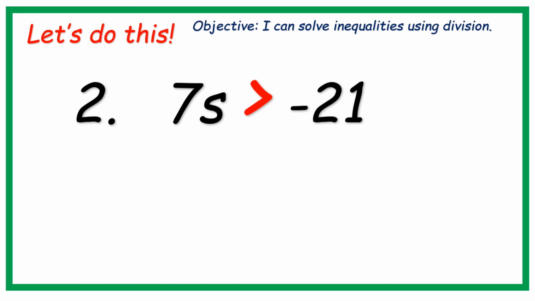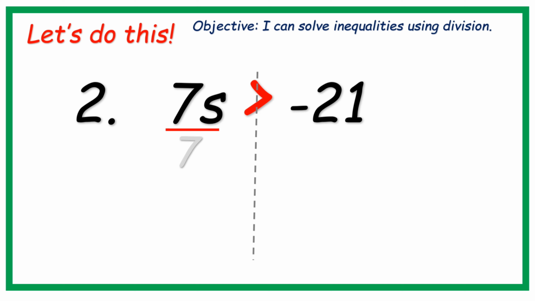In order for us to answer this, don't forget that our objective is to isolate first the variable. How are we going to isolate the variable? By removing any number near it. And in this case, that number is 7. So, we are going to divide by 7.